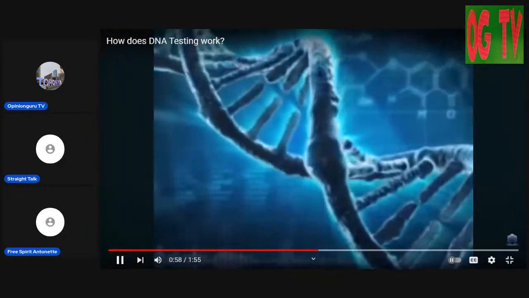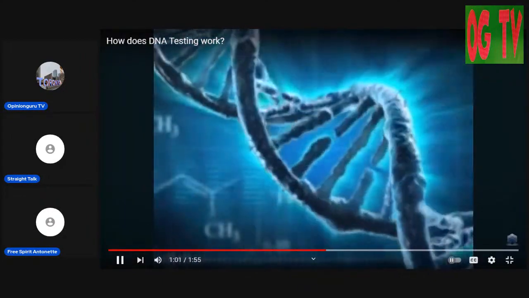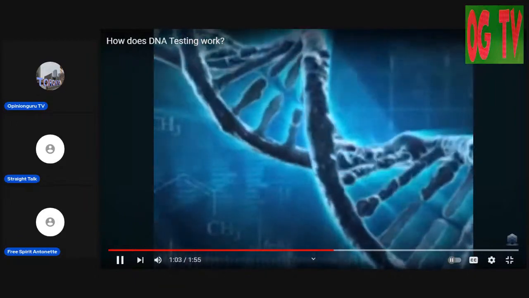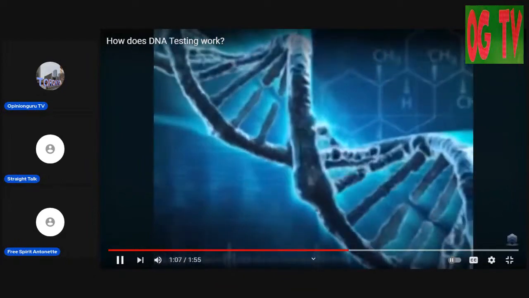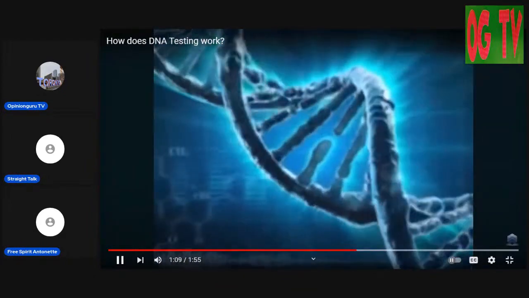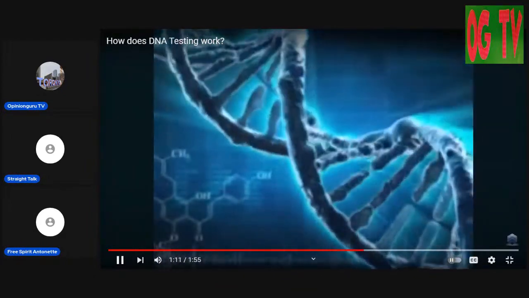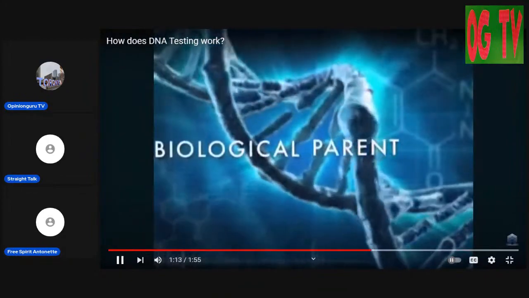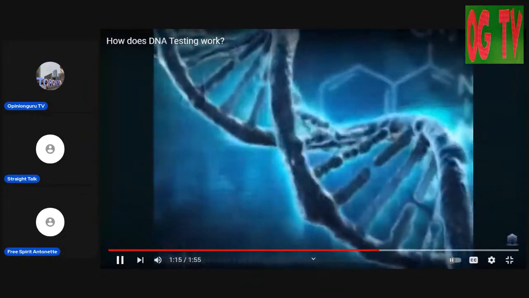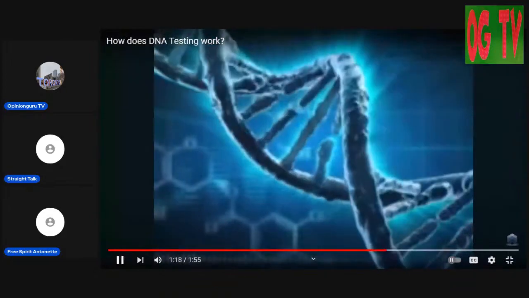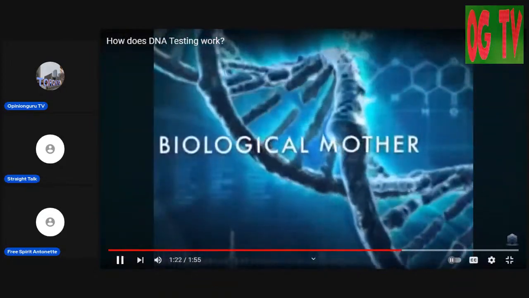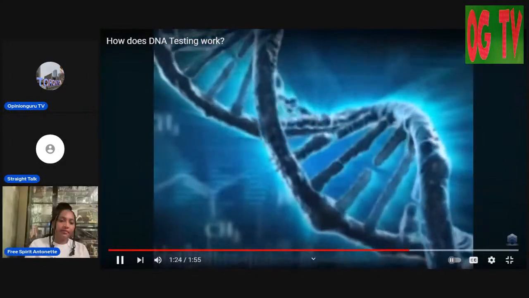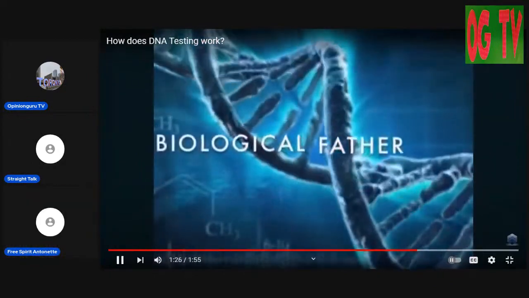Half of the DNA comes from the mother in the egg, and half comes from the father in the sperm. Therefore, when we look at a child's DNA profile, one of the numbers at each of the locations will match one of the numbers at the same location for each biological parent. Half of the alleles, or numbers, will match exactly to the DNA of the biological mother, and the other half will match exactly to the biological father.